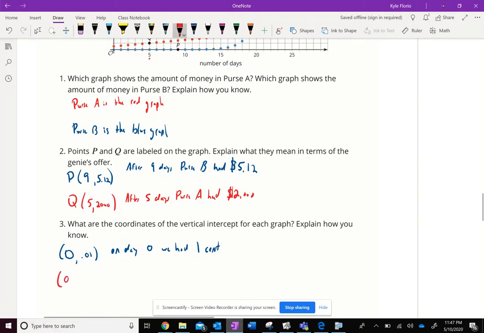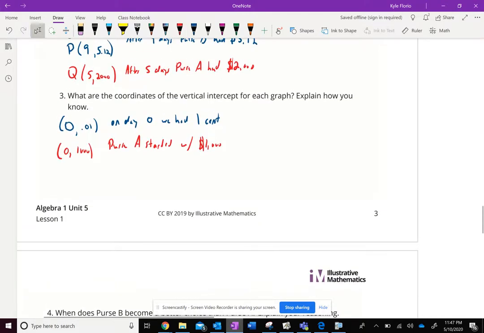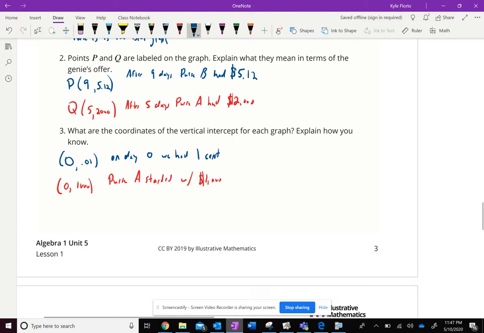And on the other one, on day 0, we had $1,000. So yeah, you could also just say purse B started with 1 cent if you wanted to here.